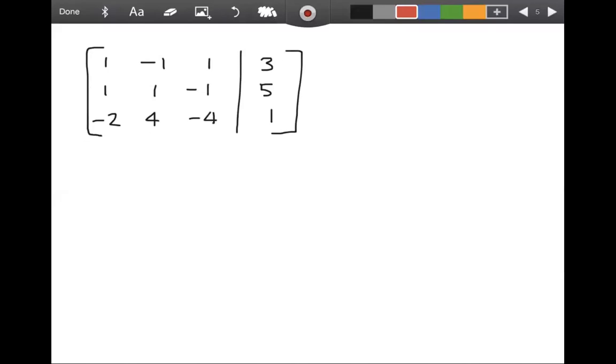So notice that in the first row, first column, we already have a 1. Okay. This is the point where if you had some other number there, you would make it a 1. Okay. So we can skip that step and just go right to the part where we make these numbers zeros. So the first thing we need to do is change row 2. We're going to change row 2 by adding to it -1 times row 1.